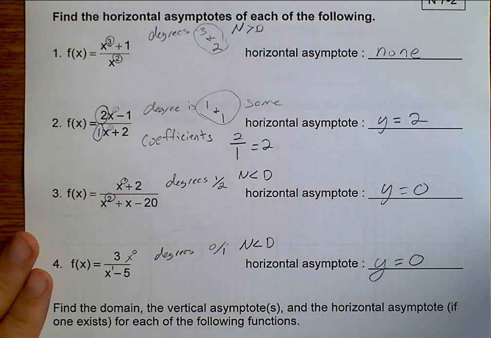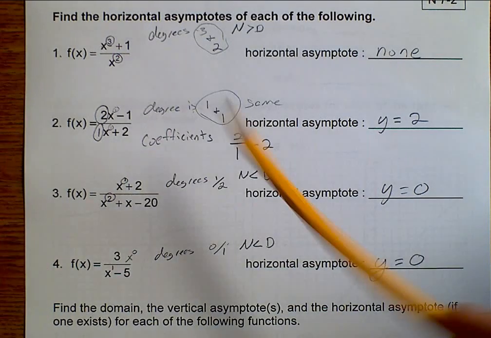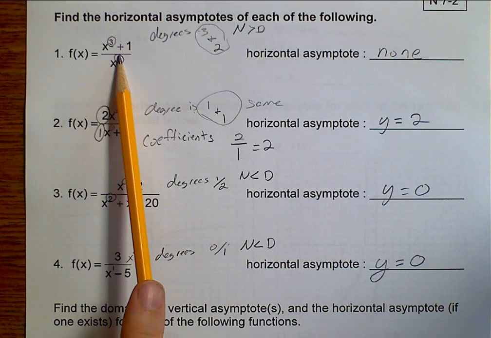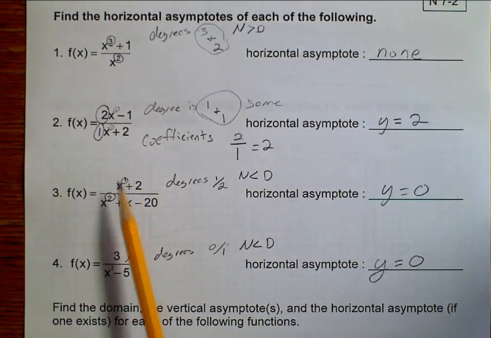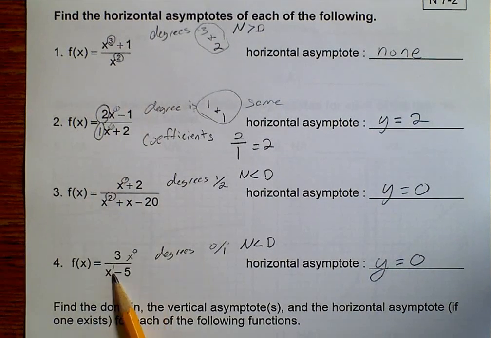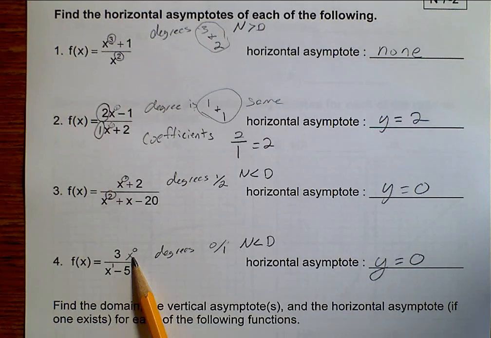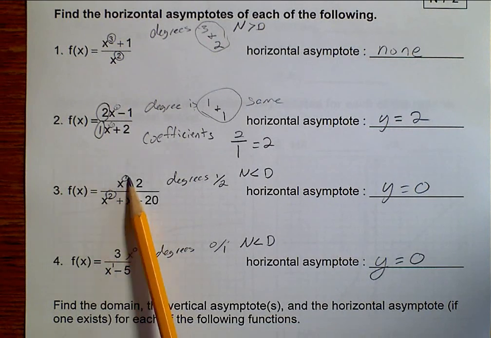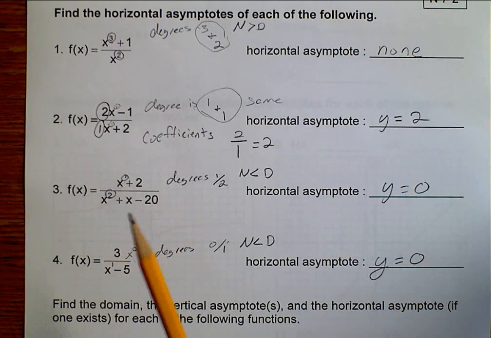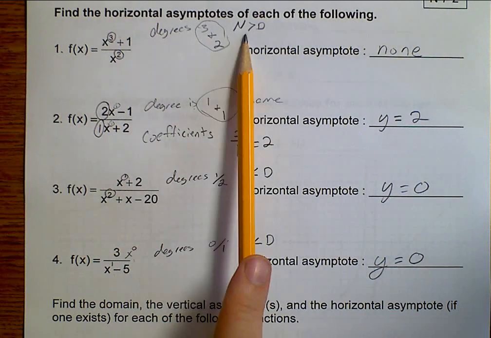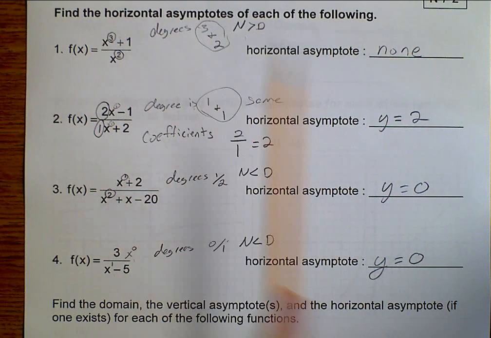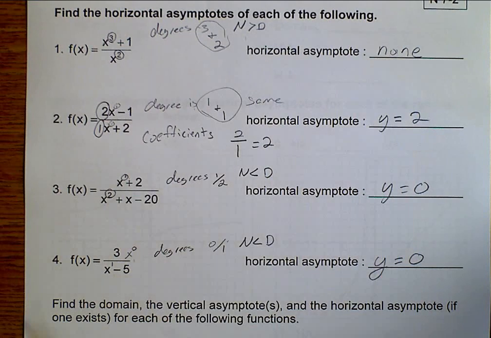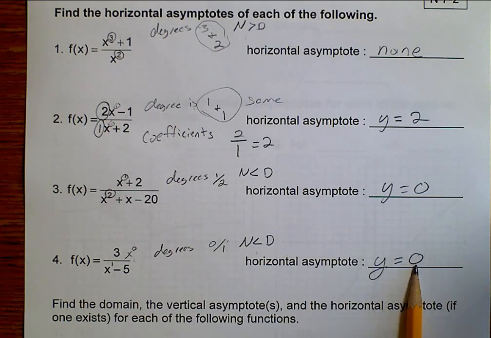So let's go over this again. First we look at the degrees. If you don't have an x, then the degree is 0. If you don't see an exponent, then the exponent is 1. If the degree is bigger, then there is none. If the degree is smaller, then it is 0.